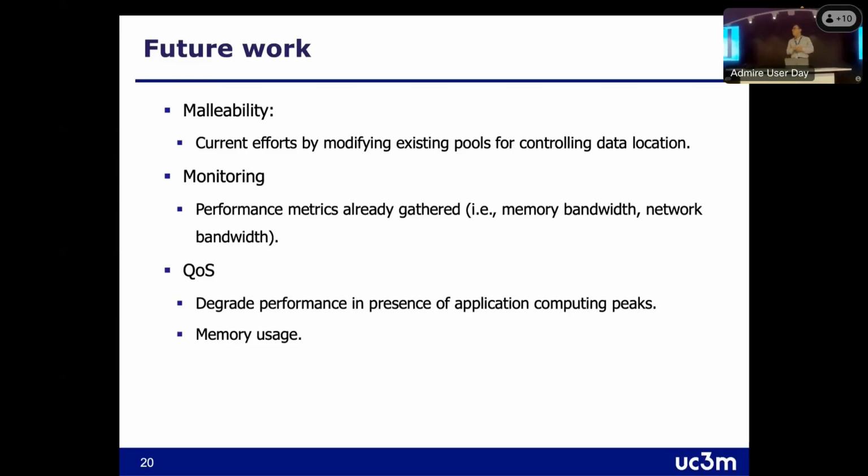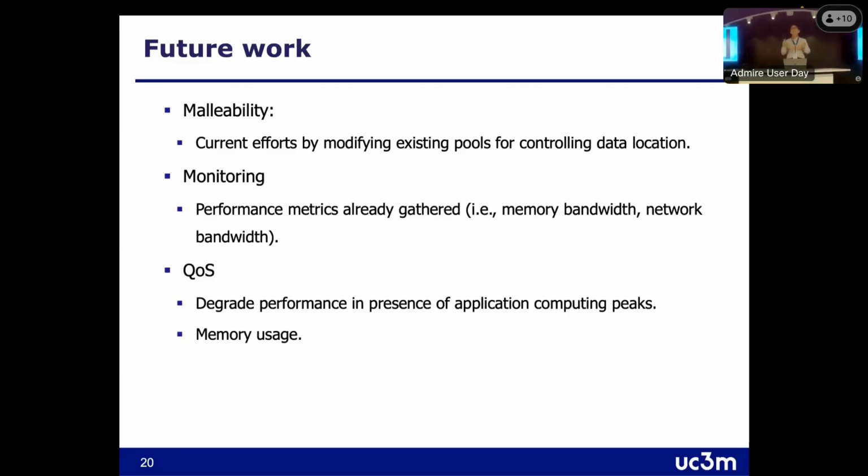One thing that we are controlling is the quality of service. For this, what we are controlling is whether we are losing performance when we have computing peaks. Basically, when you're using HPC, you deploy the processes of one application in the same node.